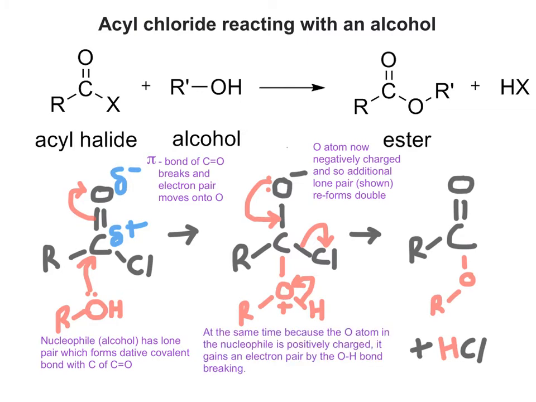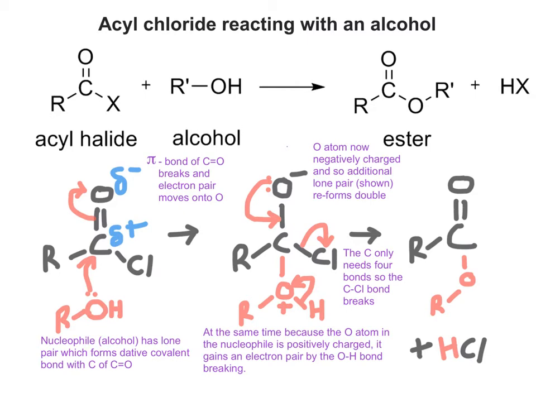Simultaneously, because the oxygen atom at the other end of the molecule, the one that's part of the alcohol, is now positively charged, it gains an electron pair by the OH bond breaking, as shown by the curly arrow. Because the carbon double bond oxygen is reforming, the carbon would now have 5 bonds.